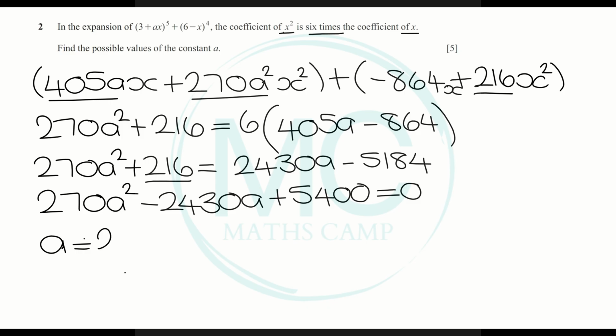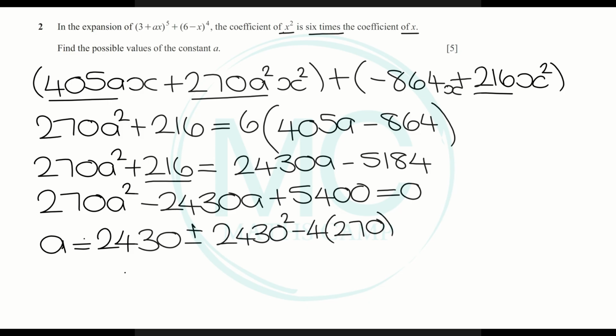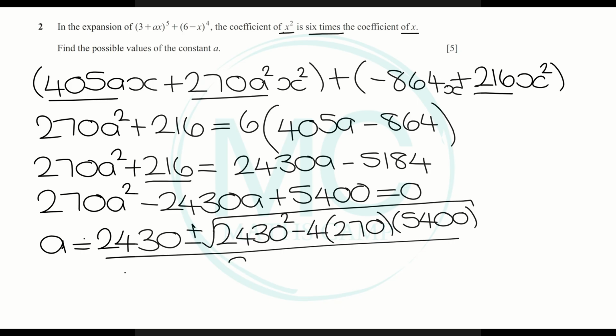So we get positive 2,430 plus or minus the square root of 2,430 squared minus 4 multiplied by a, 270, multiplied by c, 5,400, all over 2 multiplied by 270.